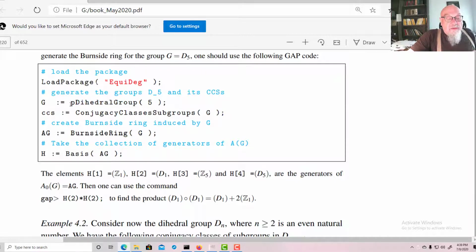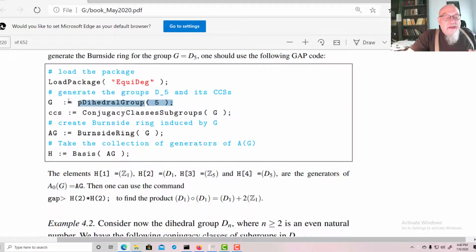So that's why we put here P. Notice that this command will not work in regular GAP without loading this package. It belongs to this package. So this is the dihedral group expressed as a permutation group. So we have the dihedral group of 5 elements, of the pentagon.